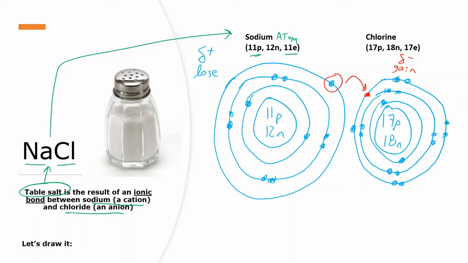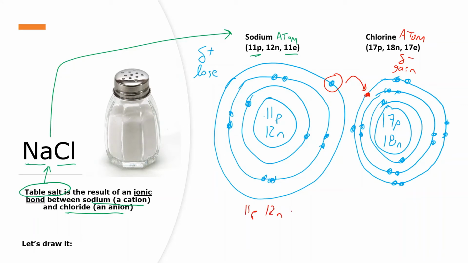Then the sodium will be full and the chlorine will be full, but they're not going to be atoms anymore, right? We started with a sodium atom and a chlorine atom, but there's an exchange happening now, right? There's a transfer of electrons, a complete transfer from one to another. After the trade, let's say, there's still 11 protons and 12 neutrons.